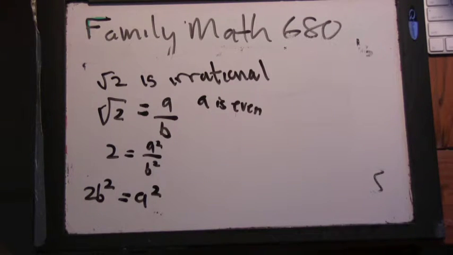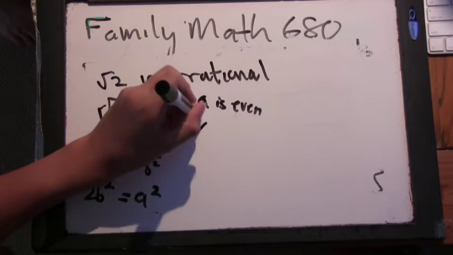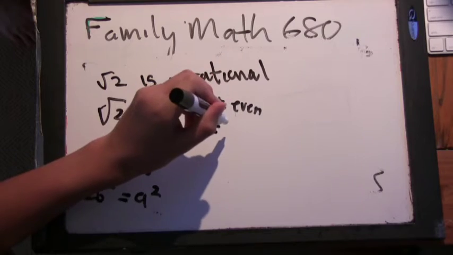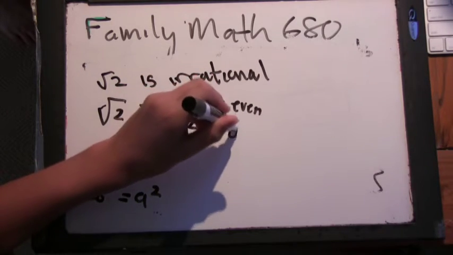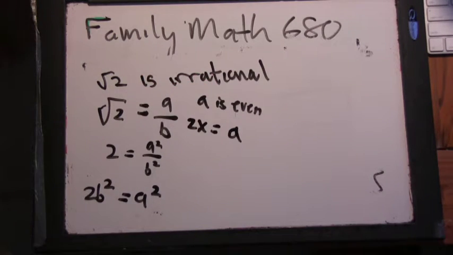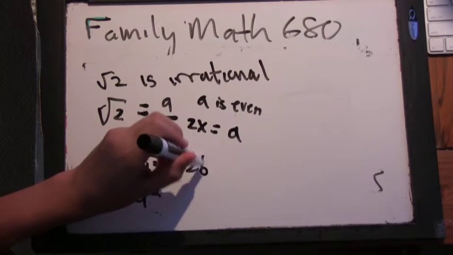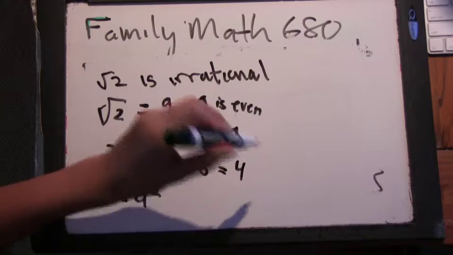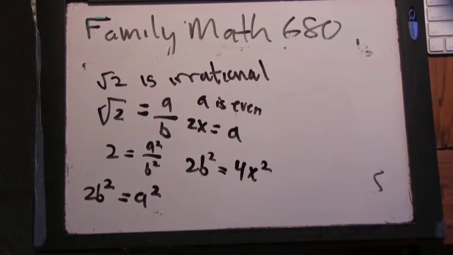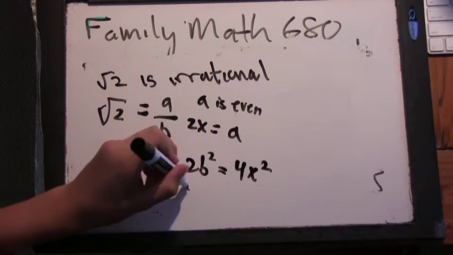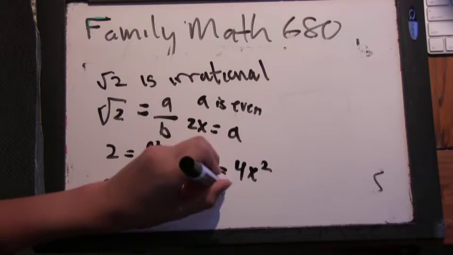Yeah. Very good. So I guess we could say that, I'll go with x, or 2x equals a. Alright, 2x equals A. Good. So then we can say that 2b squared equals 4x squared. Okay. So you know that, divide. B squared equals 2x squared.